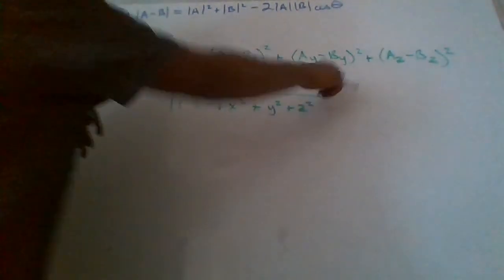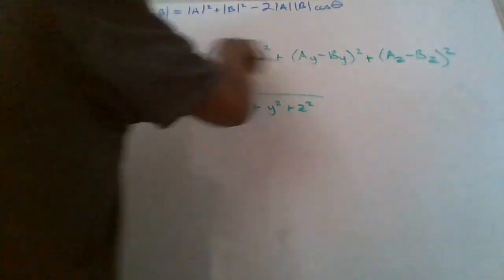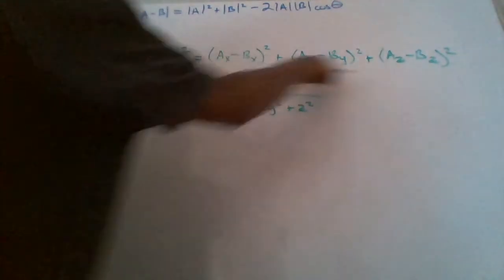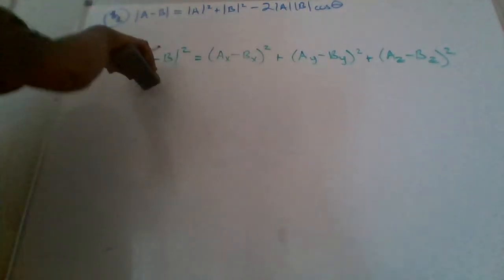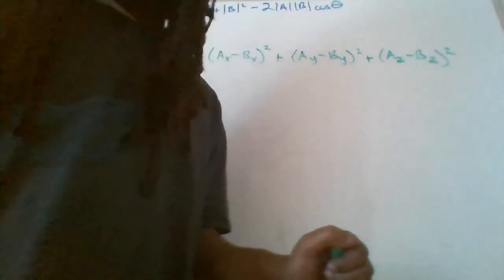So if we square any magnitude, we just get the components squared, and its components are ax minus bx, ay minus by, az minus bz. Can y'all see the green?